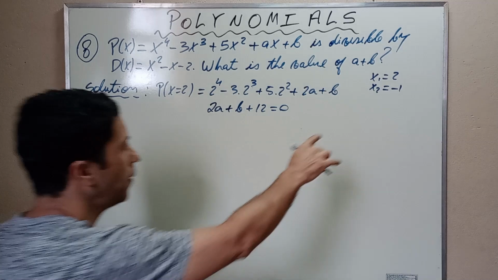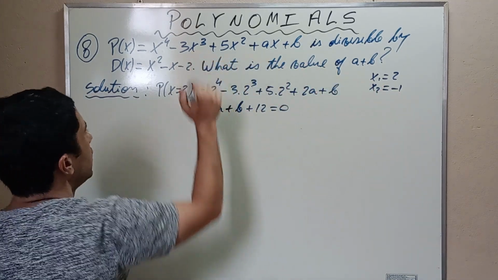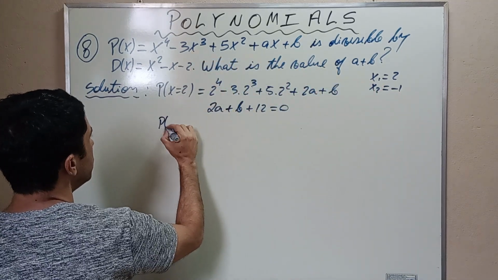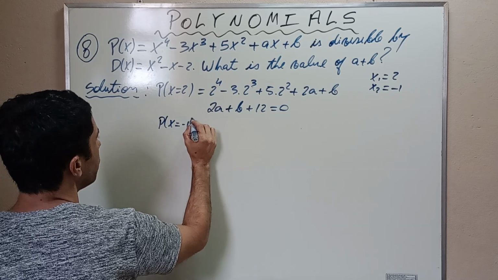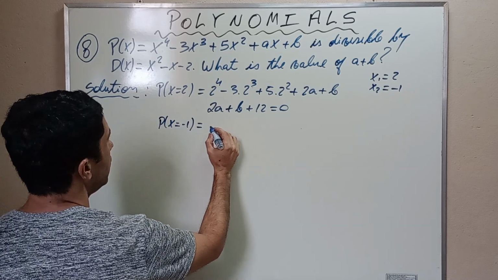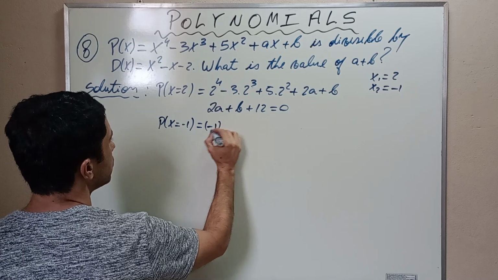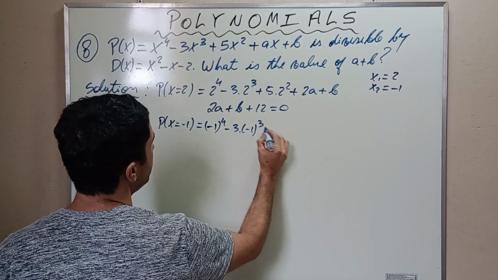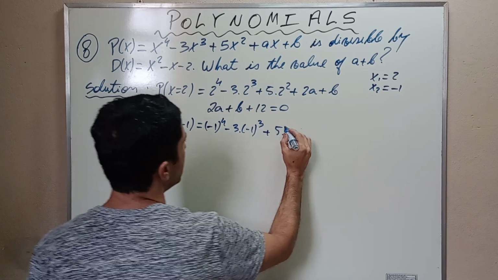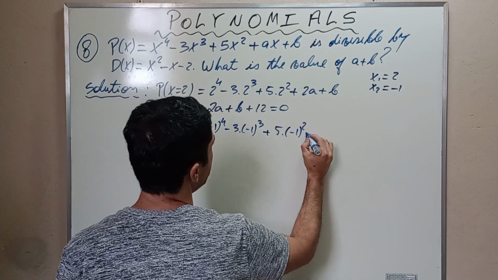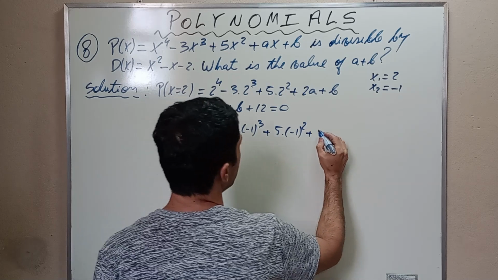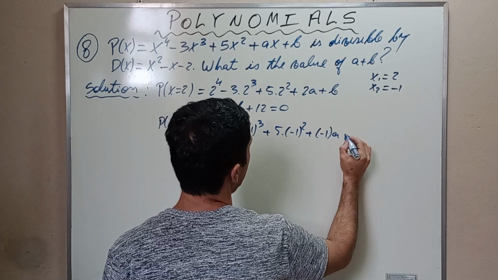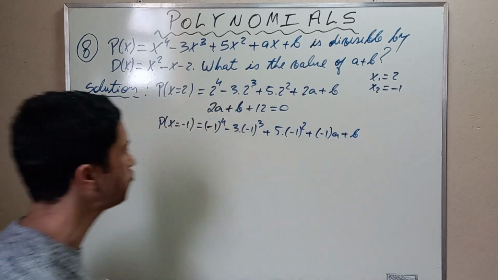Now let's apply -1 here. It is going to become (-1) to the fourth minus 3 times (-1) cubed plus 5 times (-1) squared plus (-1) times a plus b, okay?